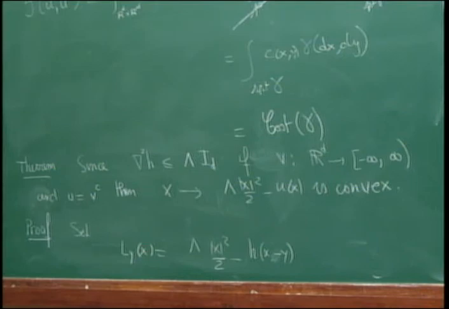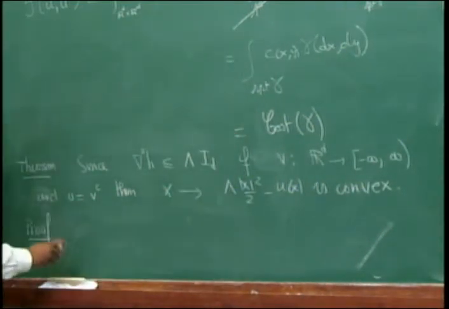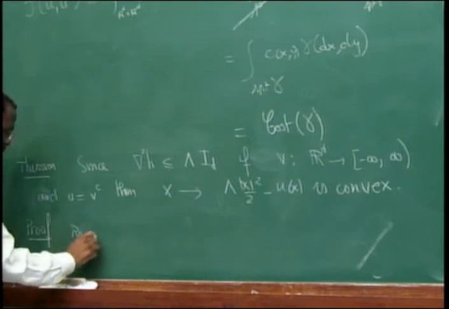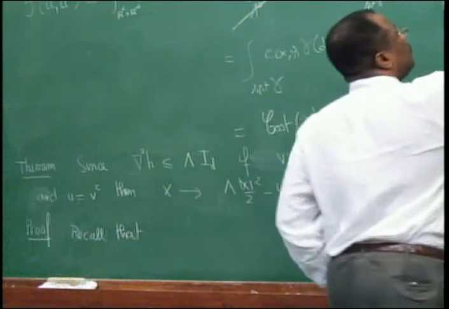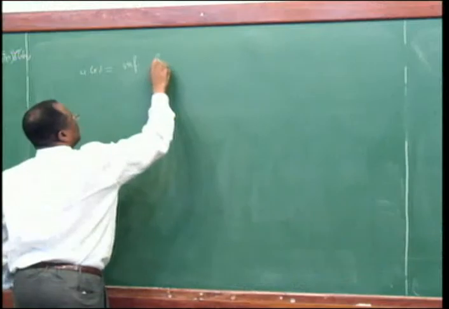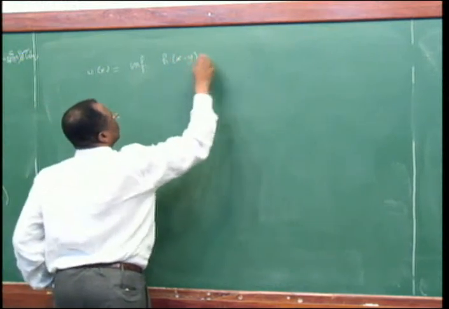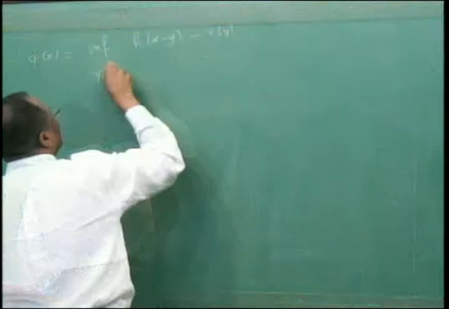So maybe not to be very mysterious, let me recall that u of x is the infimum over y in R^d of h(x minus y) minus v of y.